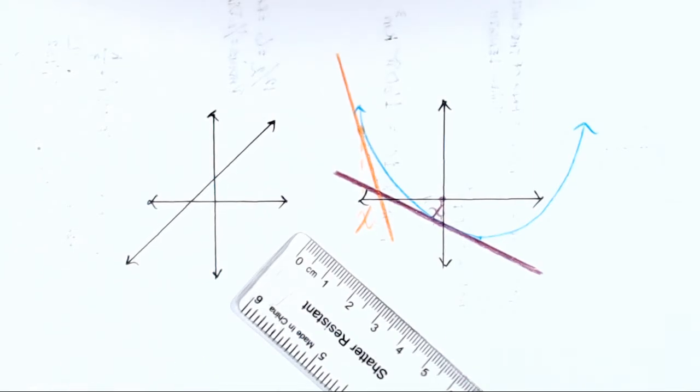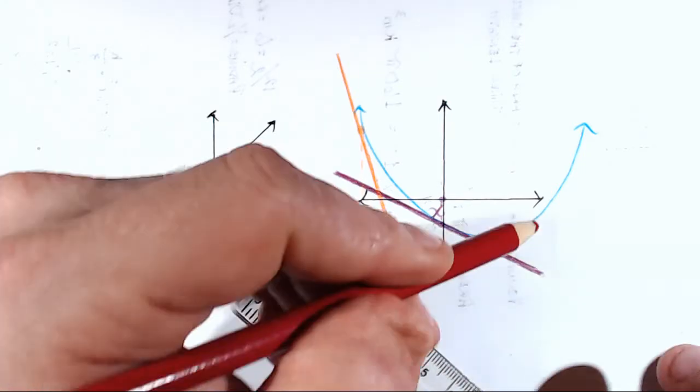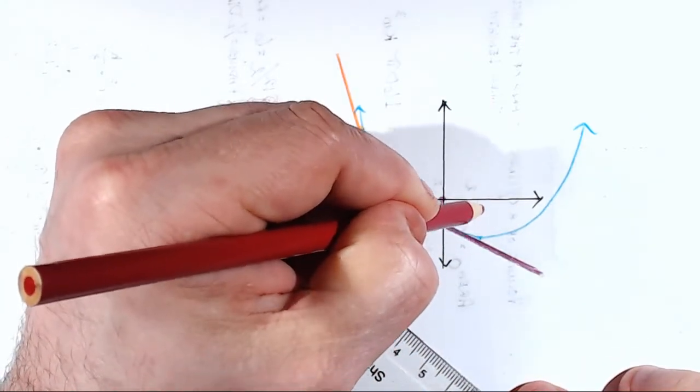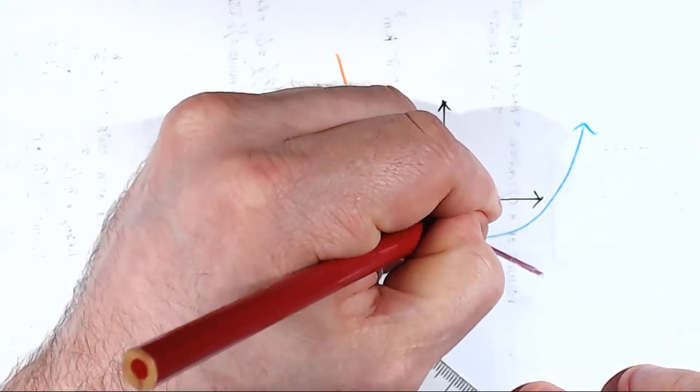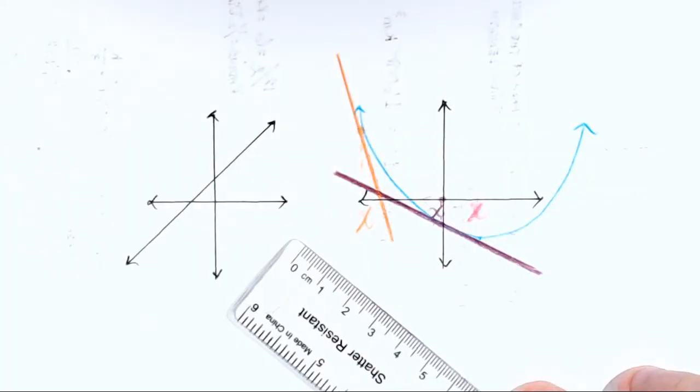Now at some point, the slope is going to be absolutely 0. And where would that occur? Some of you already see where it would occur. It's at the vertex of the function. So whatever this value is, this is my new value.